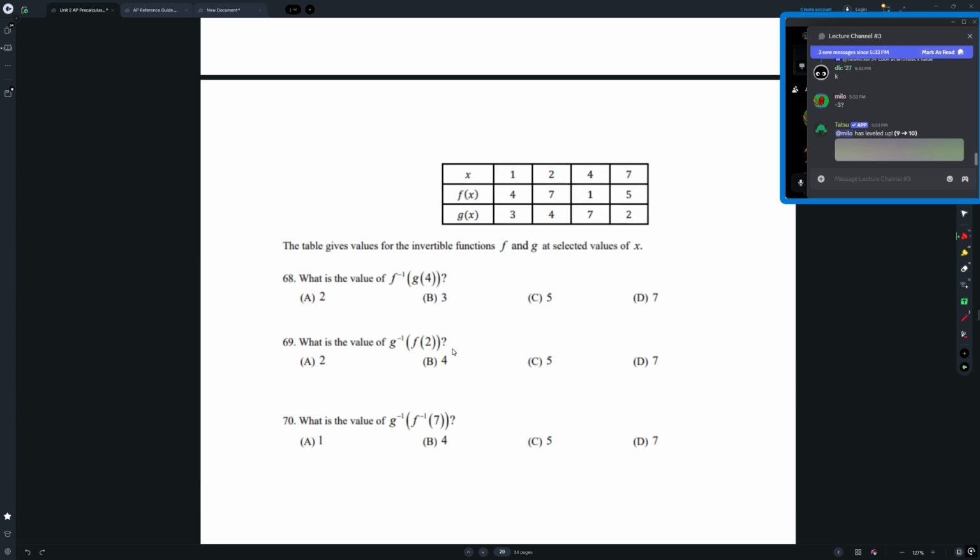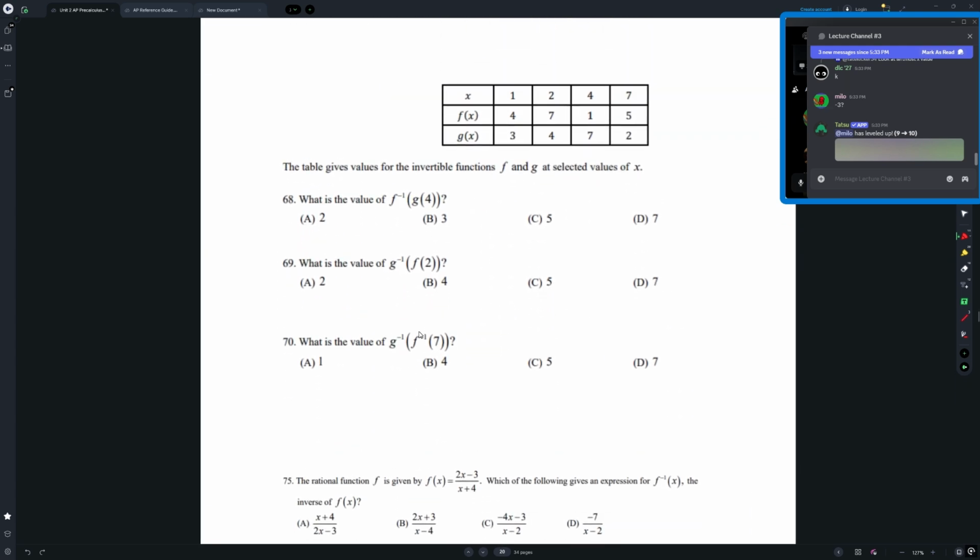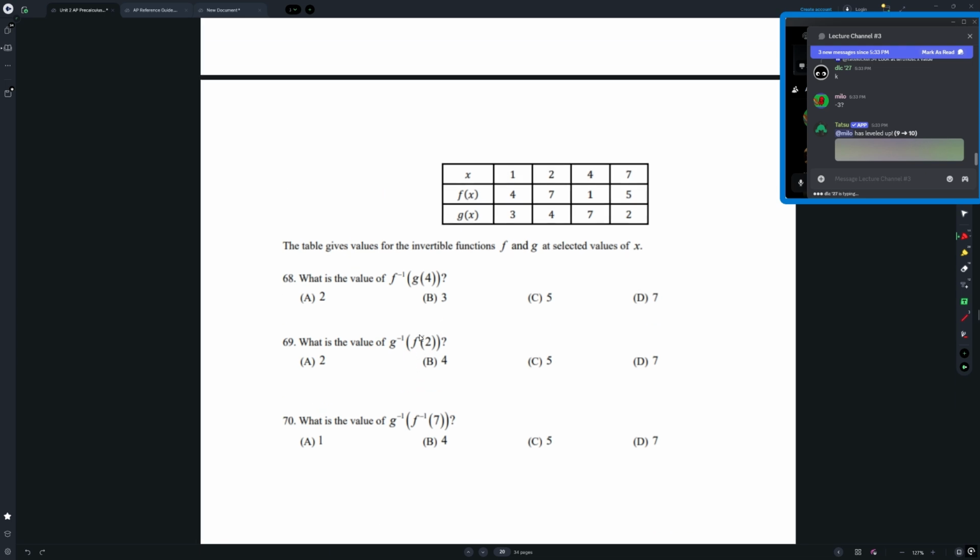Alright. Moving on to these three. Actually, we'll do these three first. 68 through 70. Now we're doing inverse tables with composition of functions.